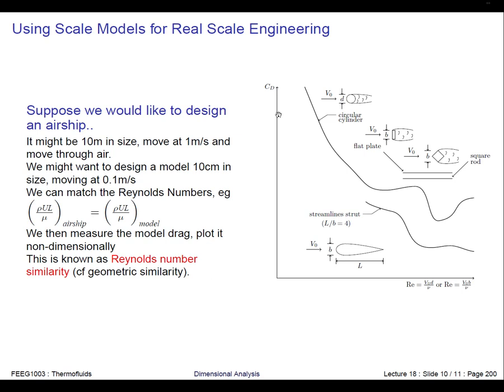They can go, well, I think the Reynolds number of my airship is such and such a value, it's this one, so I can work out my non-dimensional drag, and I know what my velocity and my length and my density are for my particular airship. So using that information, I can actually work out my actual dimensional drag for my airship from this non-dimensional plot. And that's why non-dimensional numbers are really, really useful in engineering.